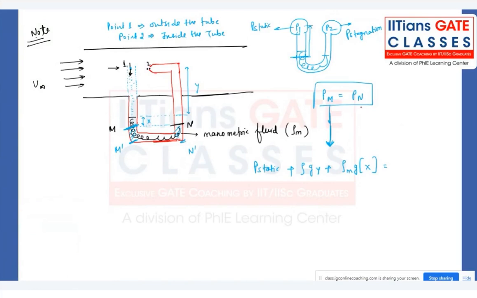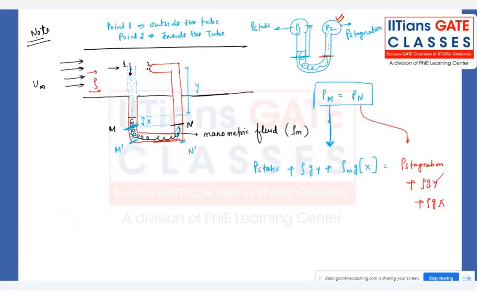What is the pressure at point number N? We can write P stagnation, that is there in the pipe, plus up to this whatever the liquid is there. Which liquid is there? We have only one liquid, the liquid which is flowing, of density rho. So rho g y plus rho g x.